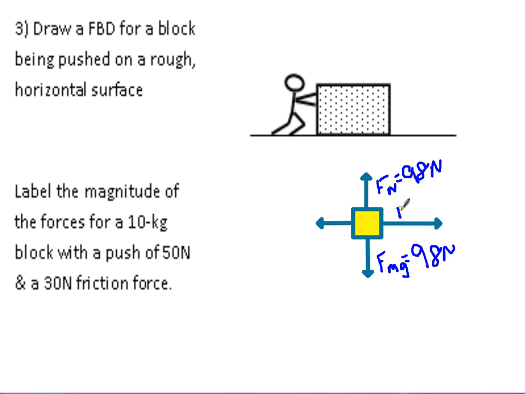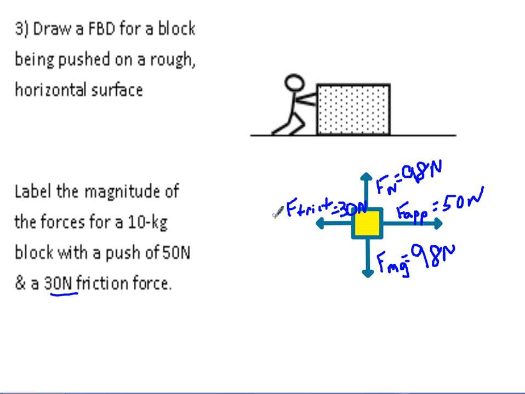The question tells us once again that the applied force is 50. And then it also tells us that the friction force in this case is 30. So it's smaller and it is just labeled force of friction, and it is 30 newtons.